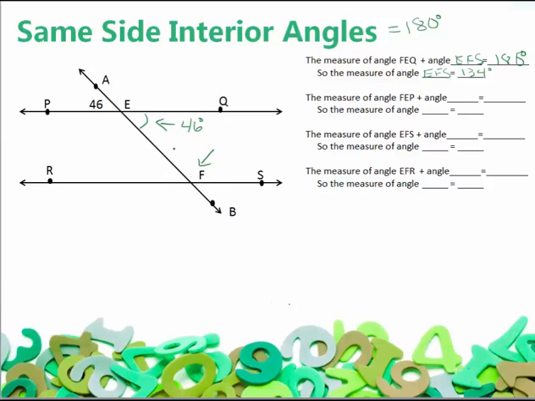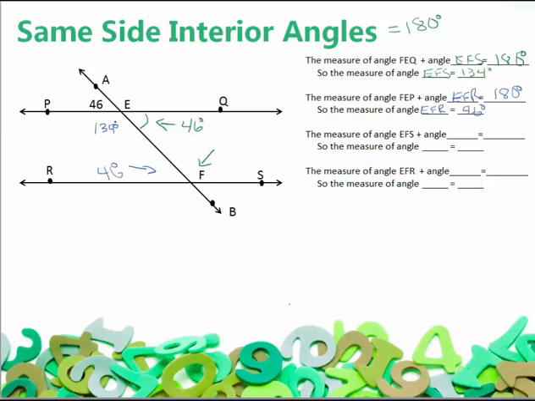If I look at angle FEP, I know this one equals 134 degrees. Because that equals 46, again we have a straight line, those 2 angles are adjacent, they make a straight line, they equal 180. Well, same side interior angles, that means I can determine that this angle right here, EFR, together equal 180 degrees. And since together they equal 180 degrees, angle EFR must equal 46 degrees.